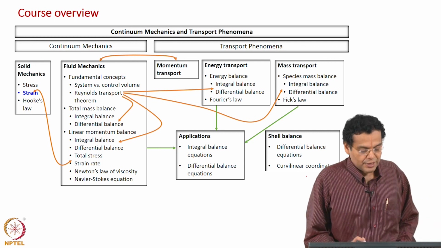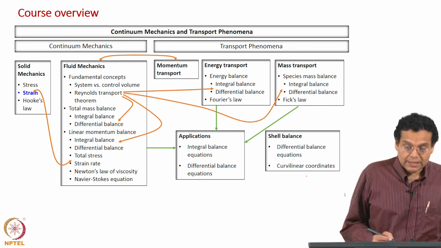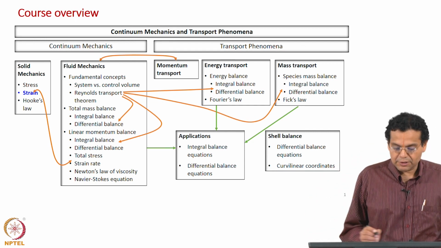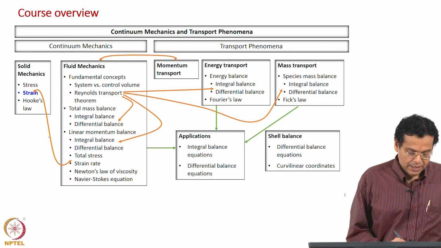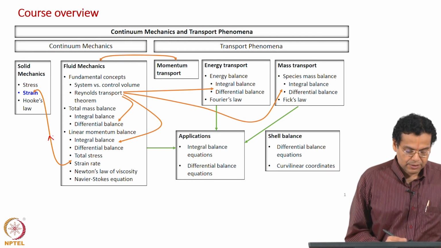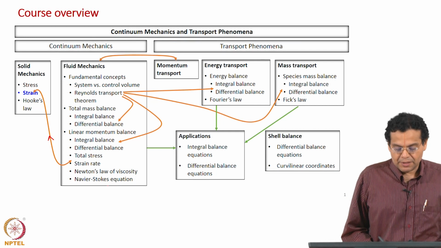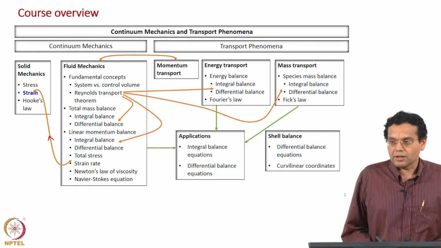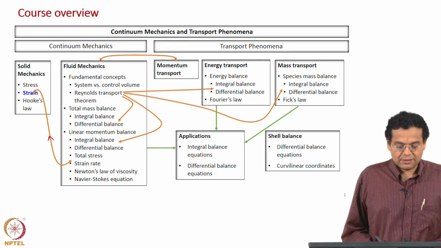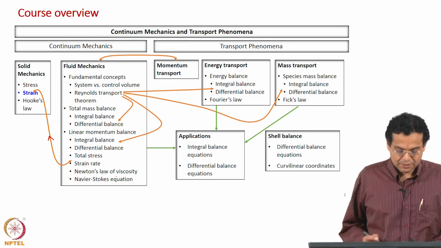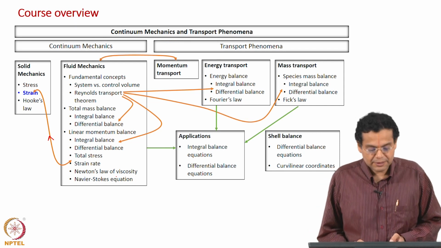So, now we are taking a diversion to solid mechanics. In terms of this course overview, we are traversing in this direction, meaning taking a diversion from fluid mechanics to solid mechanics, and the topic of discussion is termed as strain. What this means we will understand as we go along.